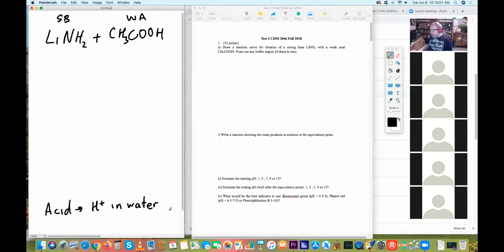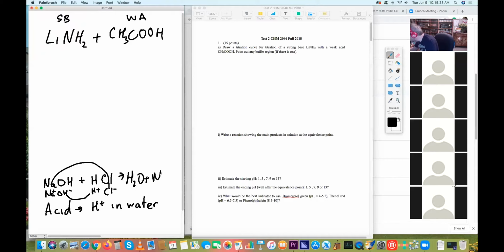But if you add NaOH plus HCl, you'd know that NaOH splits into Na+ and OH-, and HCl splits into H+ and Cl-, and then these join together and these join together. It's called a double displacement reaction, and I know you've seen those before, and that's how we end up getting water and a salt out of that kind of problem.